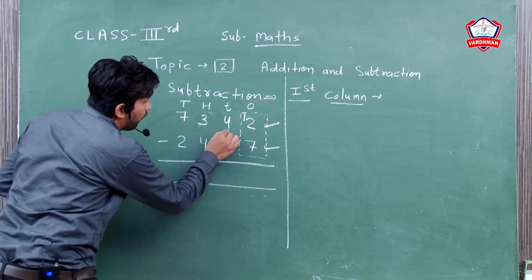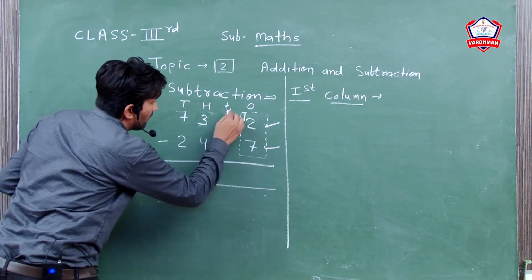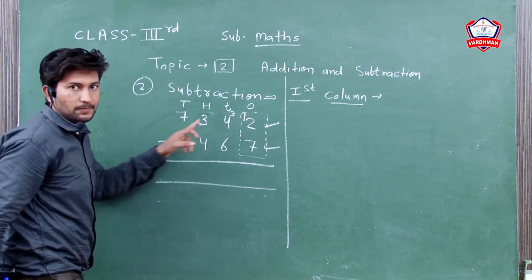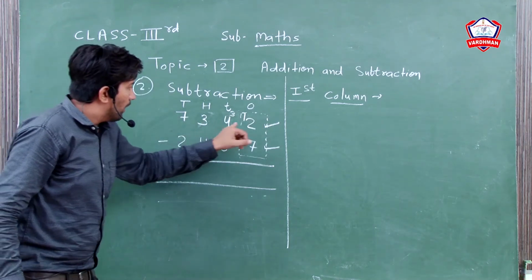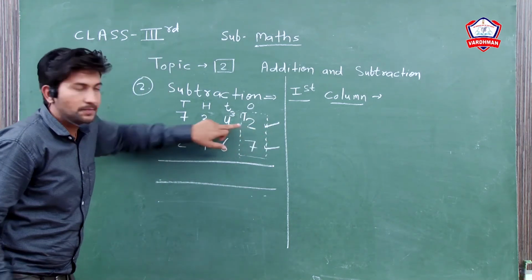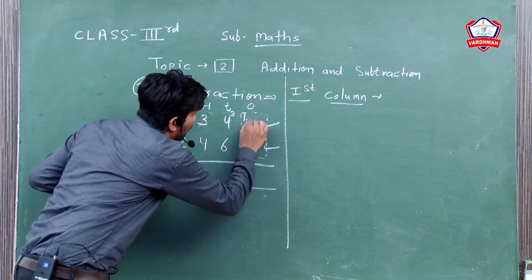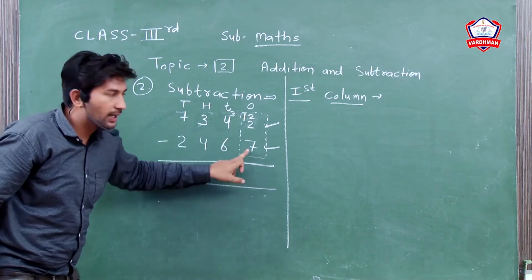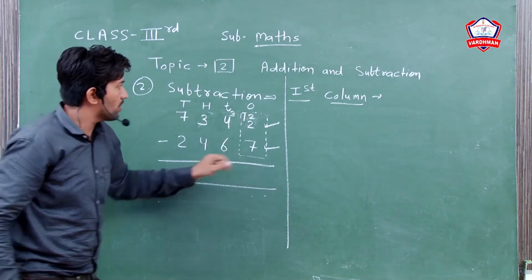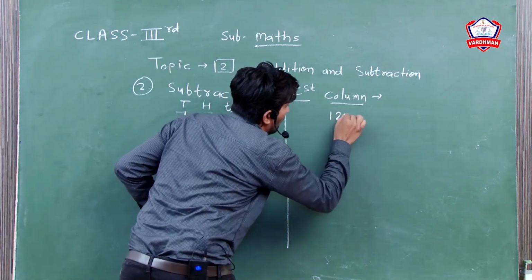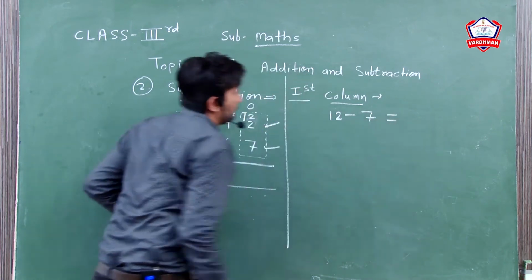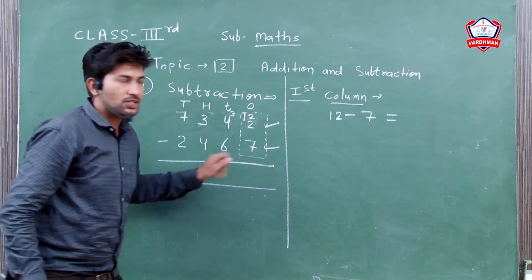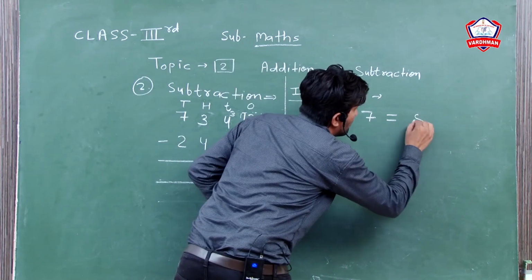And 4 gives a borrow, then it also becomes 3. You all know about this. Now 2 becomes 12. Now 12 less 17, first column. 12 less 17, resultant is 5.